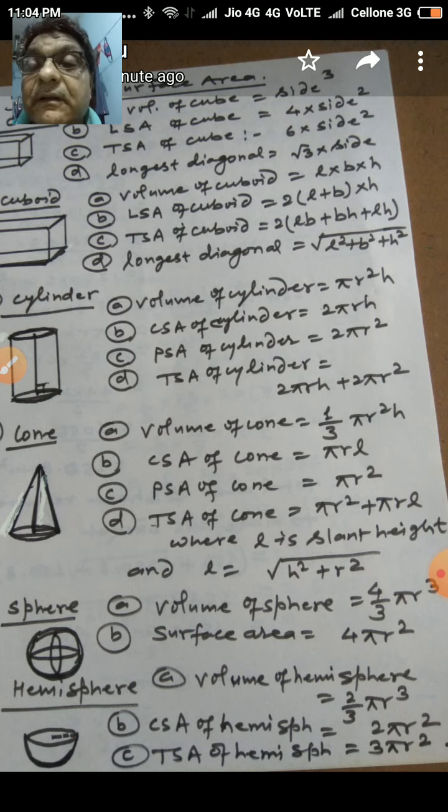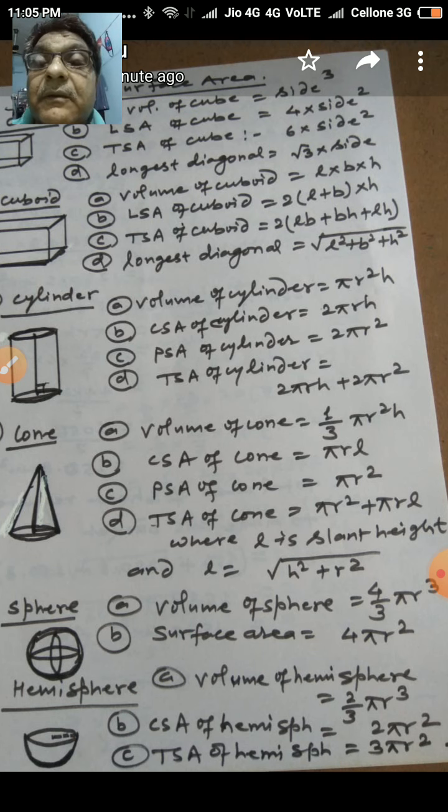For the right circular cylinder, volume is pi r square h, and curved surface area present in the body is 2 pi rh. The plane surface area at its bases, top and bottom, if both are closed, is 2 pi r square, being a circle, pi r square for each.